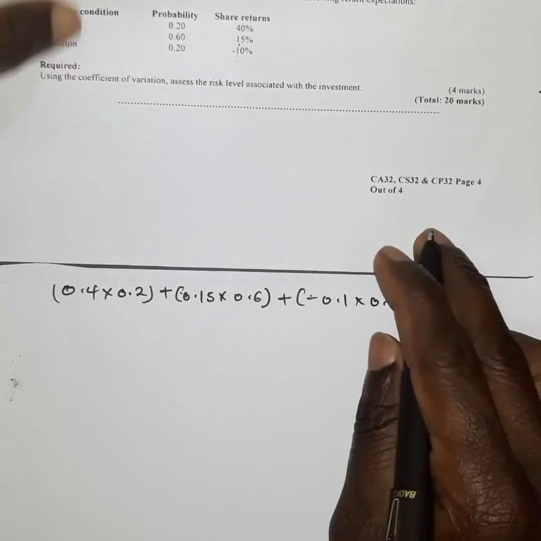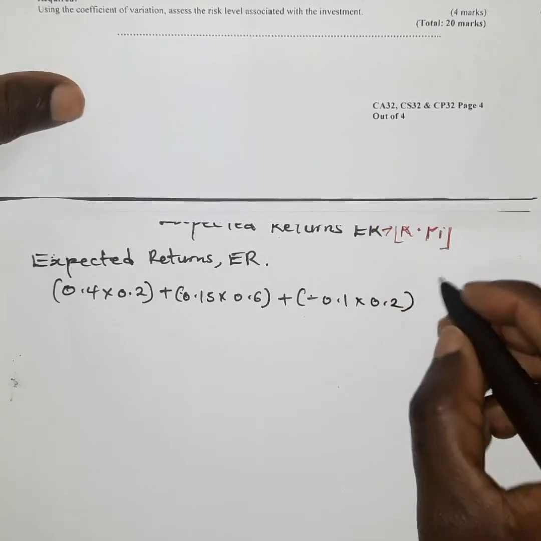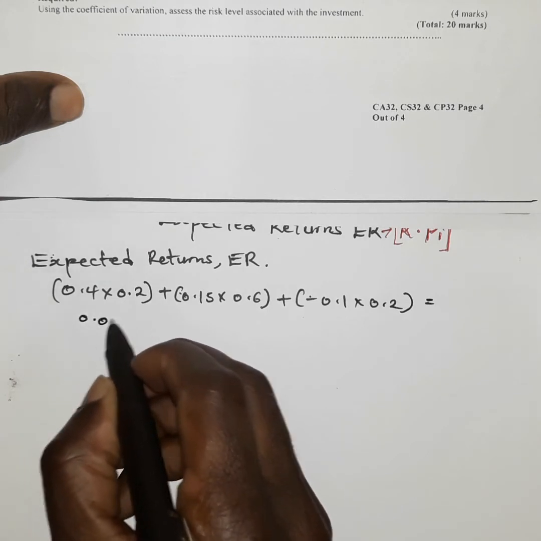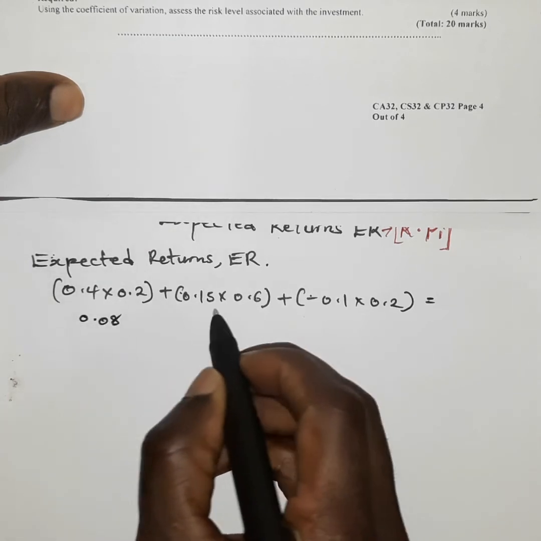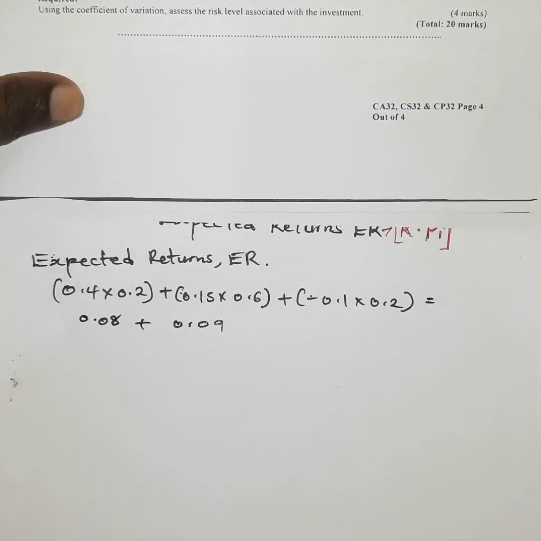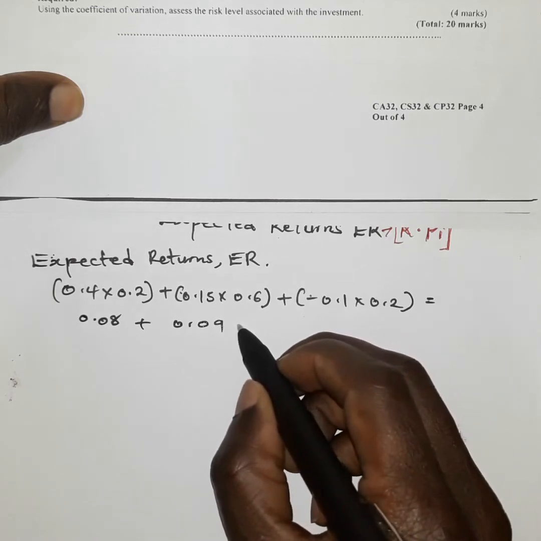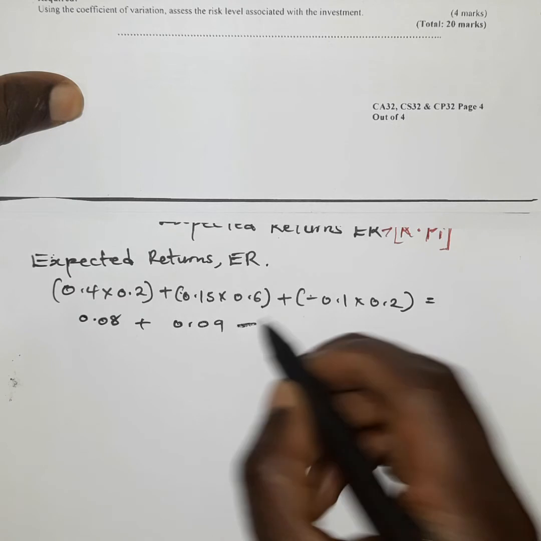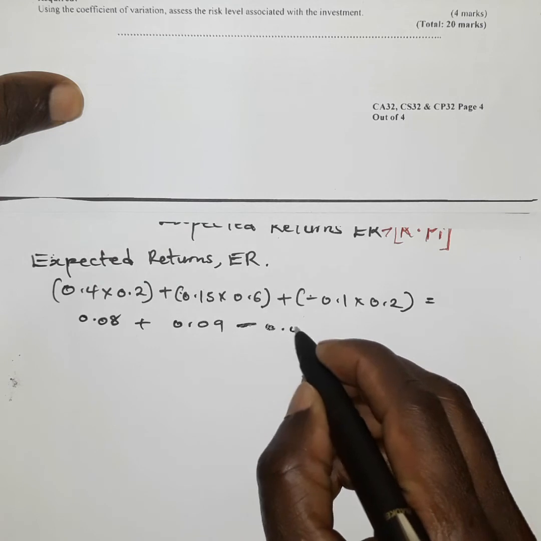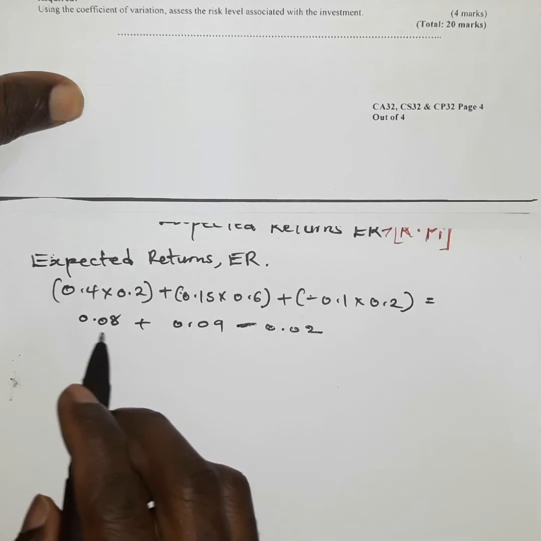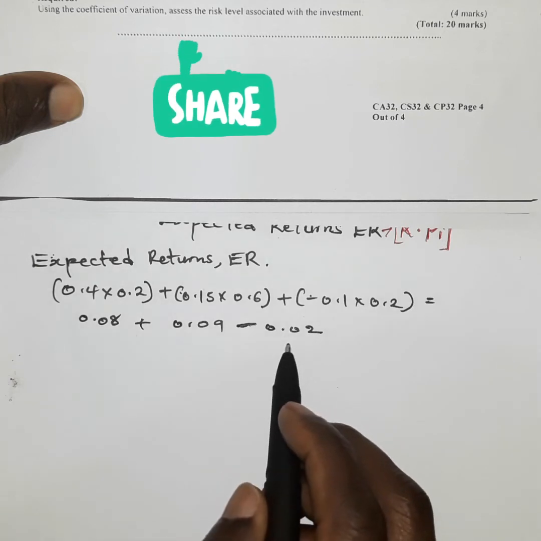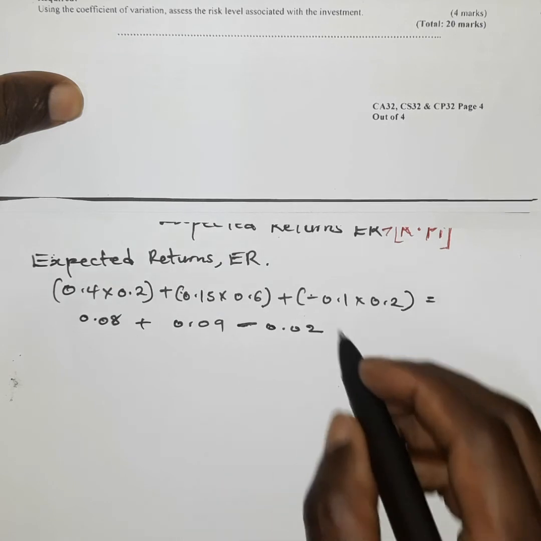That is the probability in that case, and when we multiply, we have 0.08, plus 0.09, then because there's a minus value, it's supposed to be minus 0.02. 0.08 plus 0.09 should be 0.17, and minus 0.02 should be 0.15.